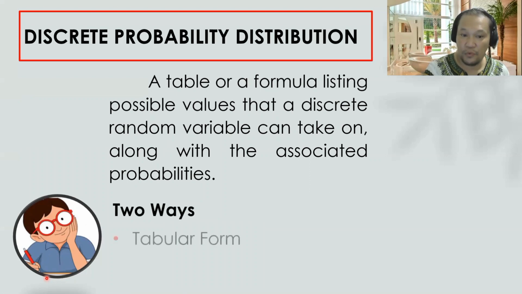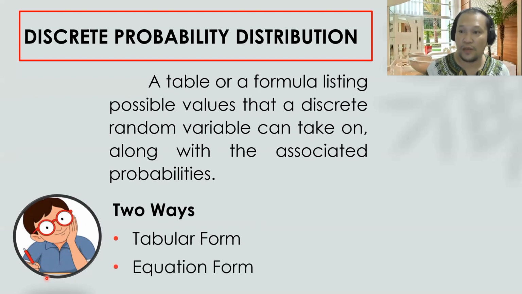And we have two ways, as mentioned. It can be written in tabular form, or it can be written in equation form. And to better understand the concept of discrete probability distribution, let me show you an example.